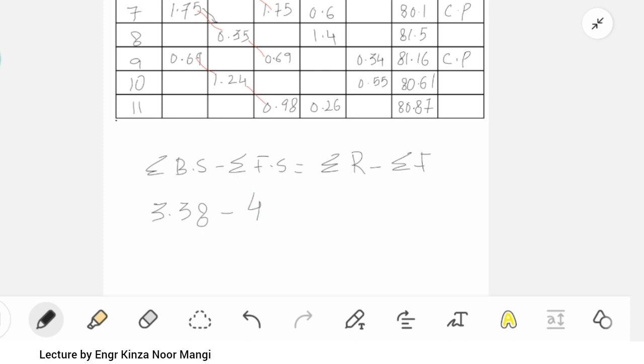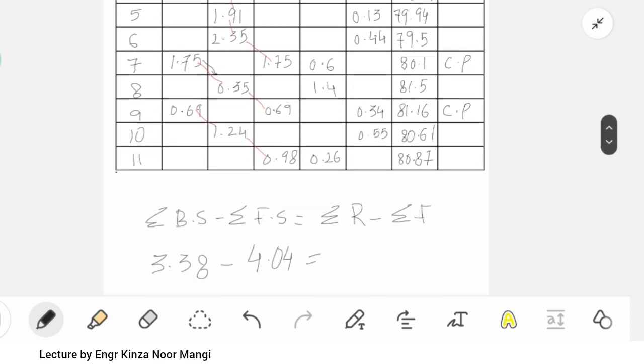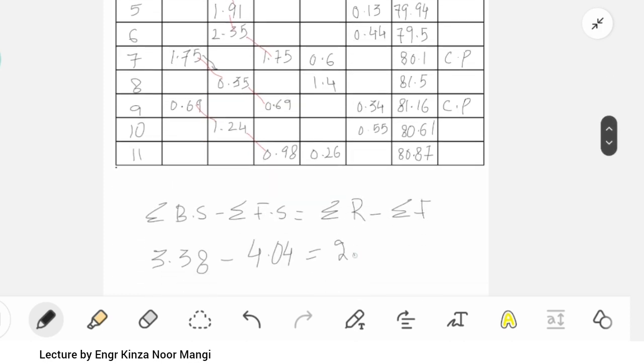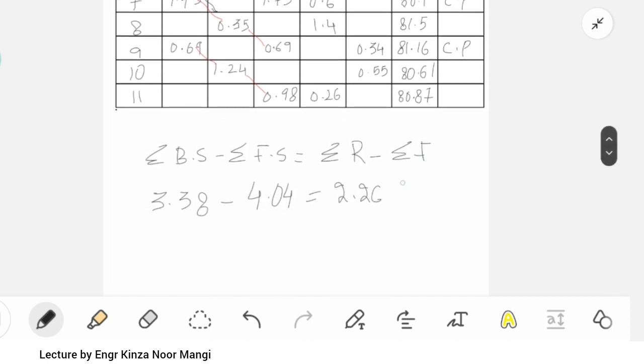Okay, rise values, add all these rise values, we will get 2.26. Then add all the fall values 0.21, 0.09, 1.16, 0.13, 0.44, 0.34, 0.55, we will get 2.92.